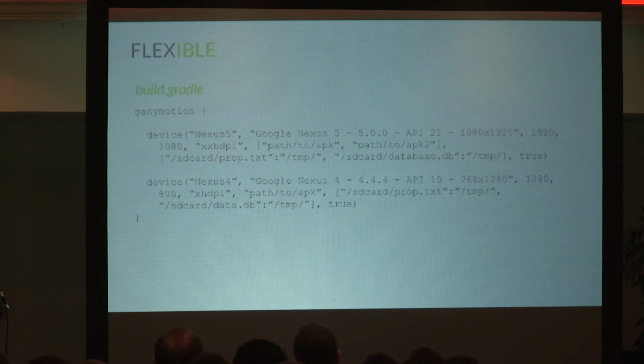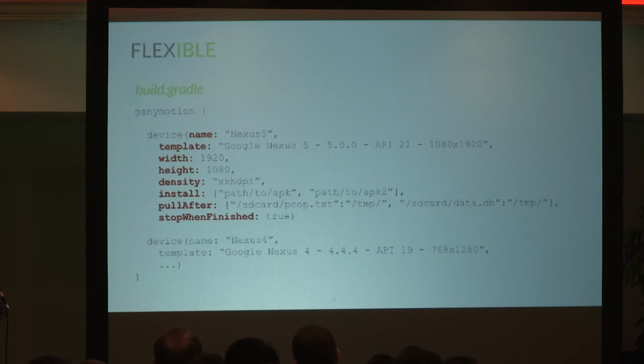So when we thought about this plugin, we started to do one thing: use the Groovy named parameters. Named parameters are basically parameters with names. The user can just put the name, then a colon, then the value. Named parameters, that's really simple.